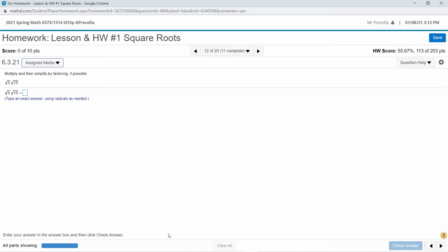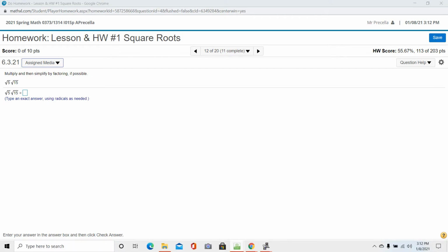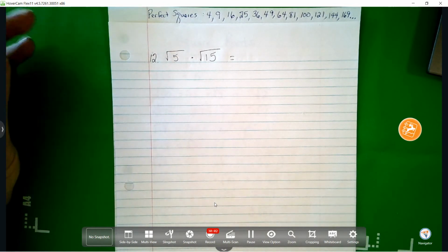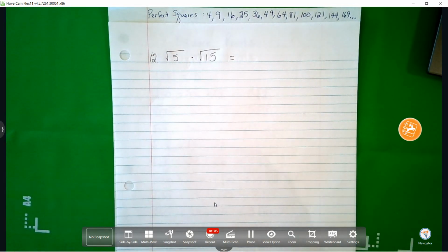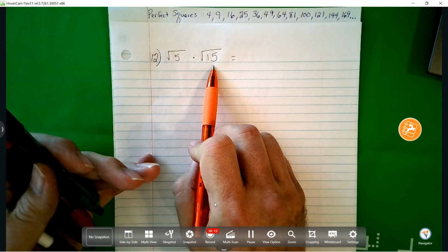Well, to multiply, oh, oops, to multiply square roots, you just multiply what's under the square root together. Square root of 5 times the square root of 15.